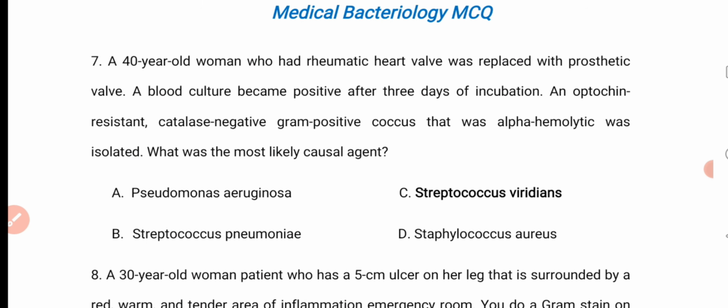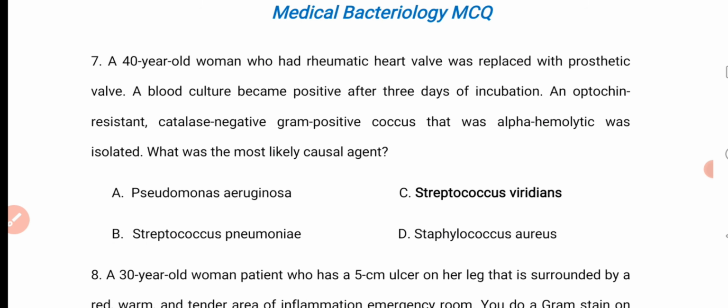Let's continue. The first medical bacteriology question says: a 40-year-old woman who had rheumatic fever had her rheumatic heart valve replaced with a prosthetic valve, and the blood culture became positive after 3 days of incubation. Optochin-resistant, catalase-negative, alpha hemolytic gram-positive cocci were isolated.